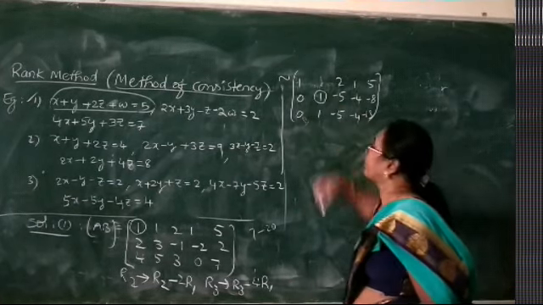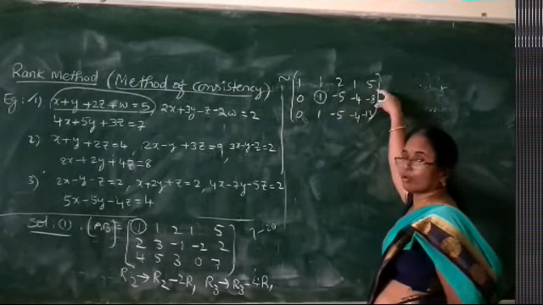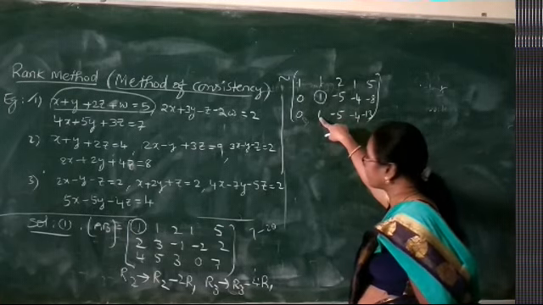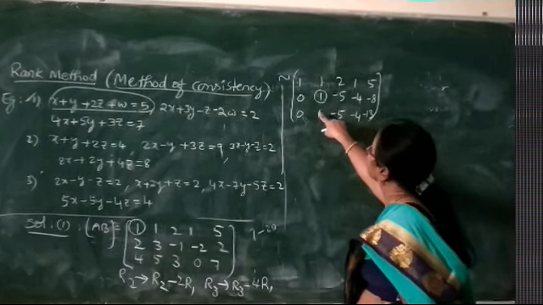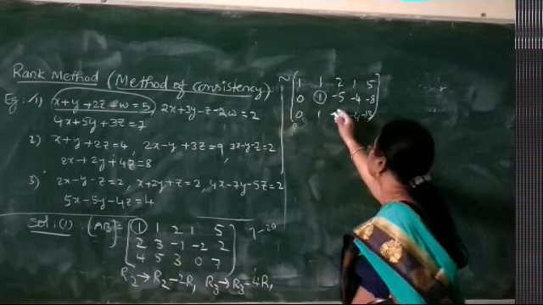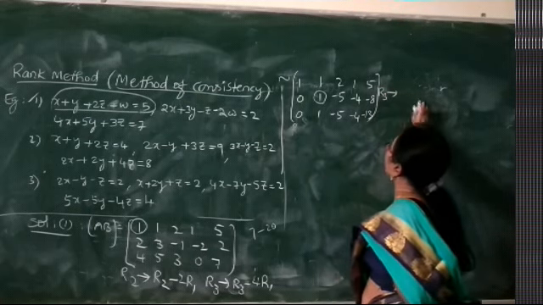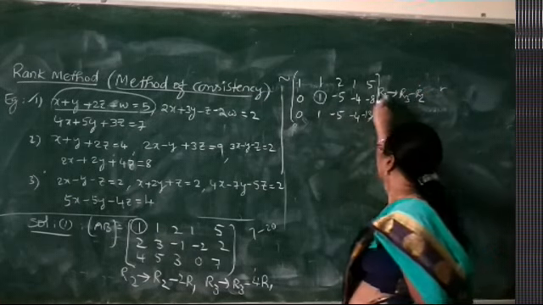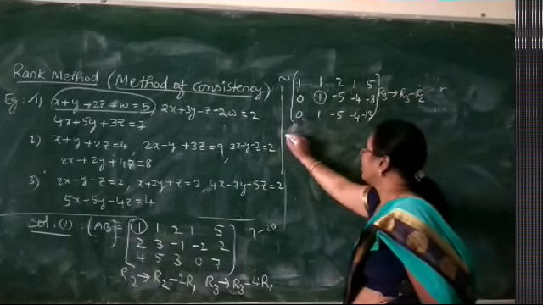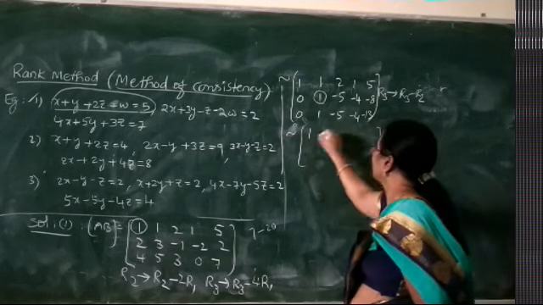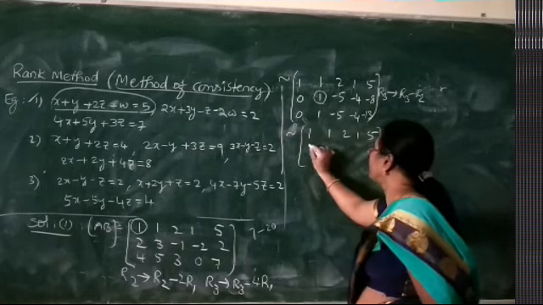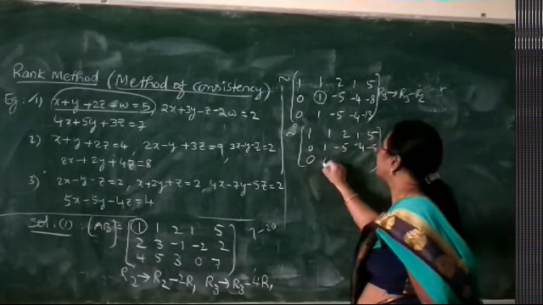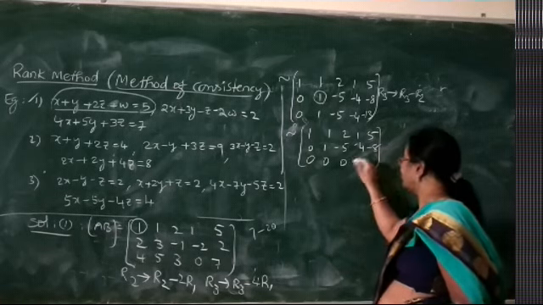Now we go to the second pivot, because this is not yet the echelon form. The second pivot is 1. To make the element below it, which is 1, become 0, in R3 we write R3 minus R2. When we apply this over the matrix, we have the equivalent matrix: 1, 1, 2, 1, 5 in the first row; 0, 1, minus 5, minus 4, minus 8; next it is 0, 0, 0, 0.